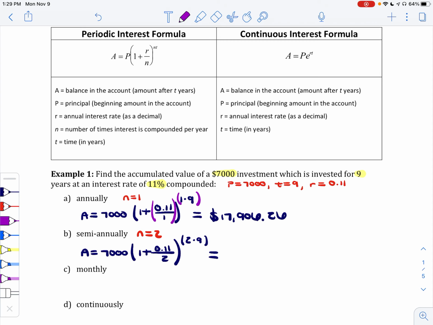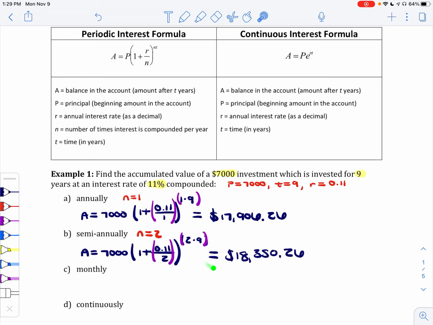Again, if you want to plug this in all at once, just make sure you add your parentheses here, okay? Otherwise, you can do it in steps. And if you plug this in, you will get $18,350.26.